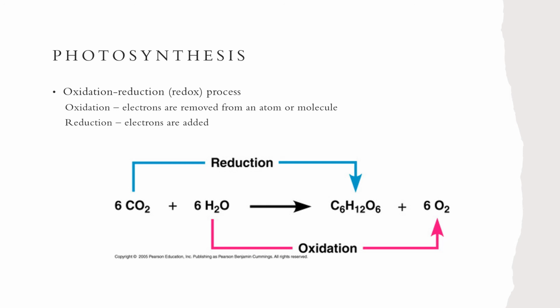So the oxygen atoms become oxidized. These electrons reduce the carbon in carbon dioxide because oxygen atoms attract electrons more strongly than do carbon atoms. Moving electrons from oxygen to carbon requires energy, and the energy source for this reaction is, of course, light.